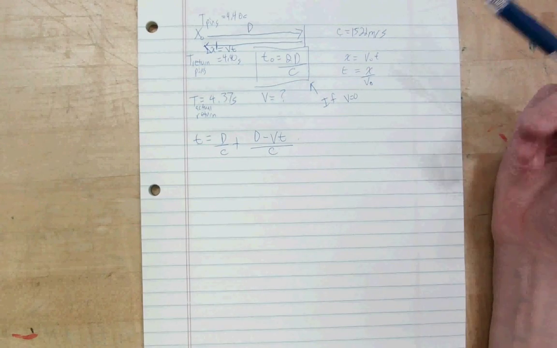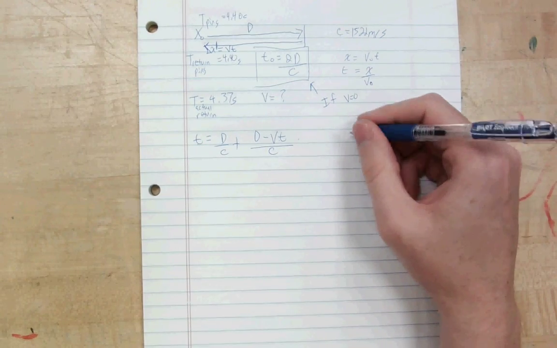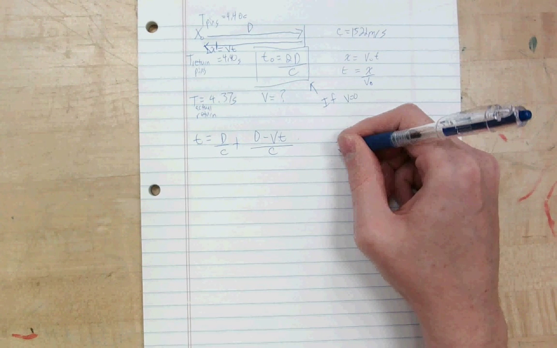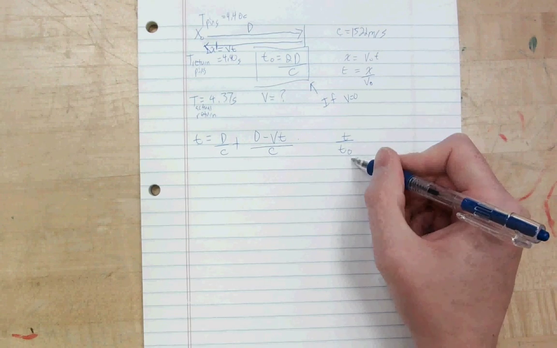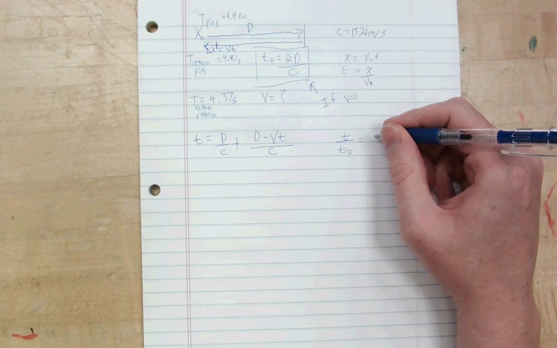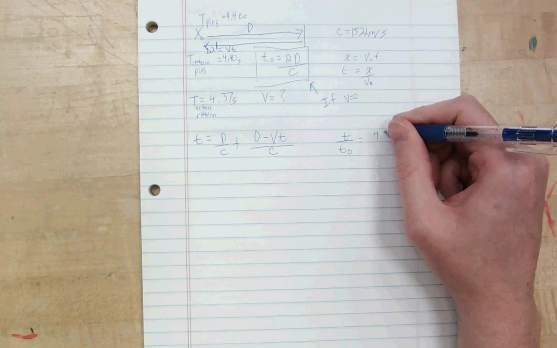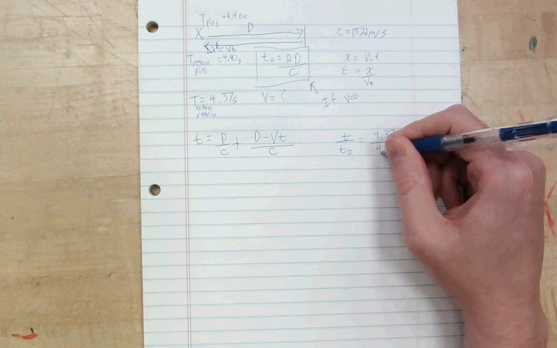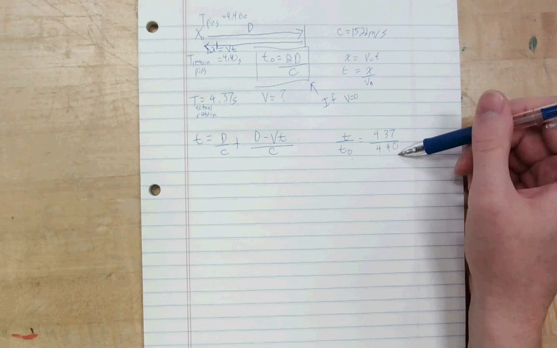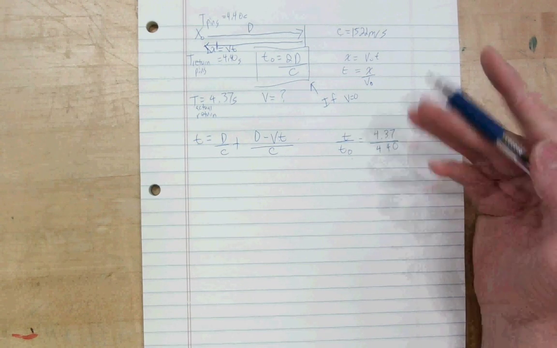Well, consider this. If I wrote down the ratio of actual return time to the submarine, to the return time if the sub were sitting still, that should be the same ratio as our actual pings' return period over the period if we were sitting still.